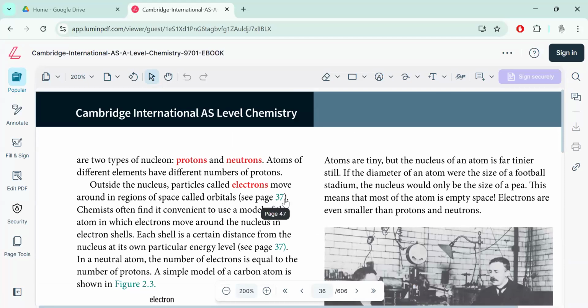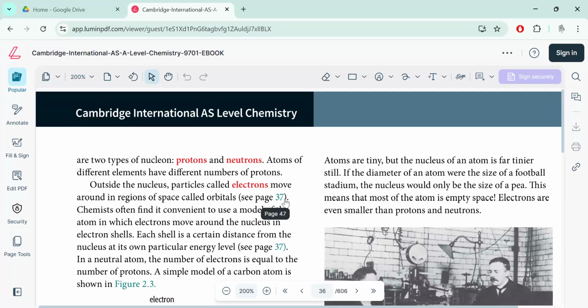So technically, inside the atom, it has a center called the nucleus. And inside the nucleus, it has protons and neutrons. Neutrons have a neutral charge, while protons have a positive charge. And then outside the nucleus, we have electrons.